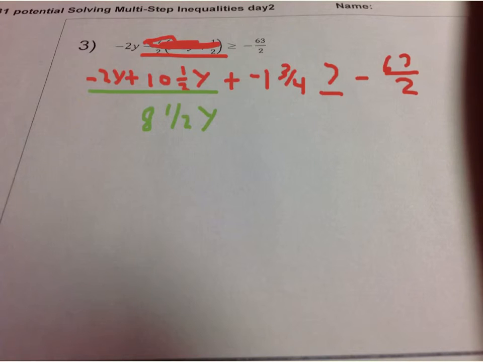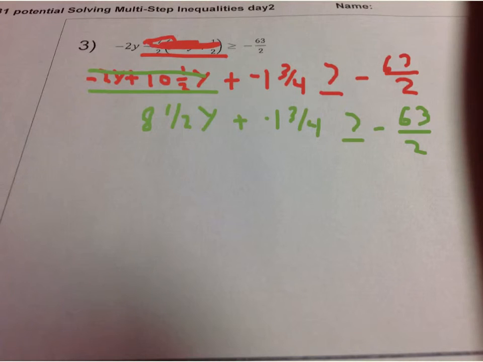Now you can cancel that out and just carry everything else down as it is, plus negative 1 3/4 is greater than or equal to negative 63 halves.